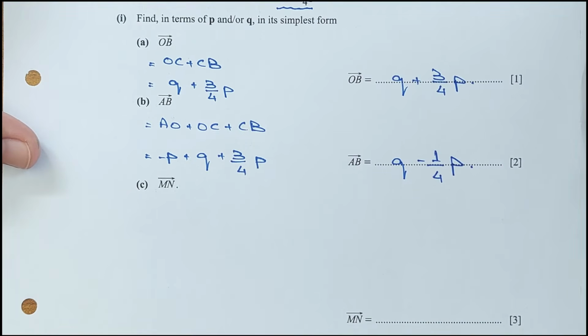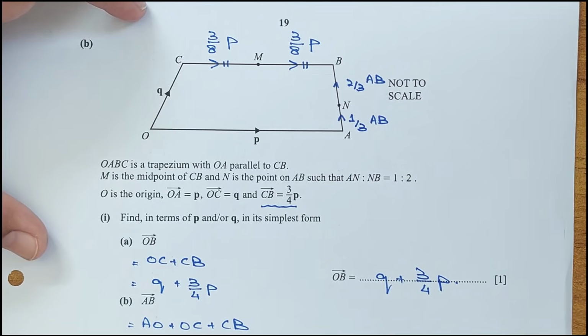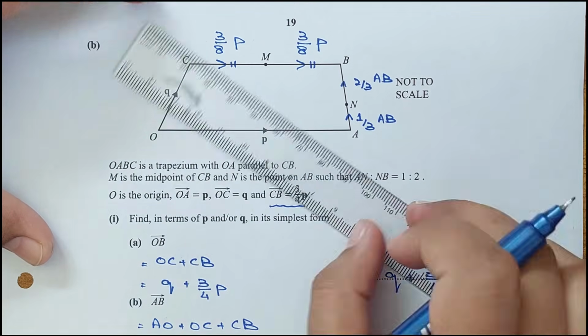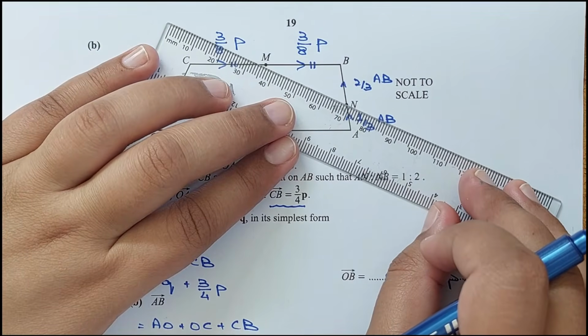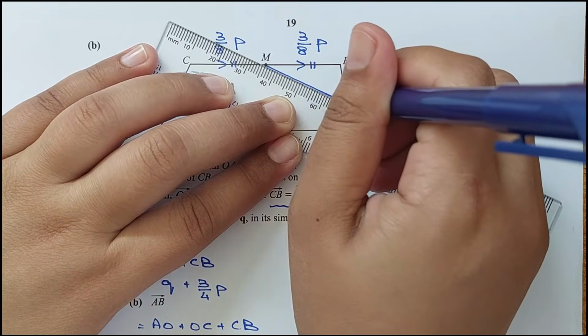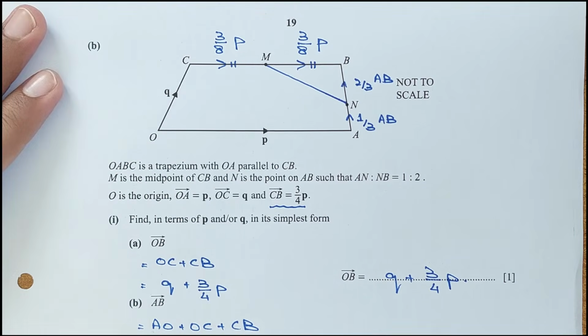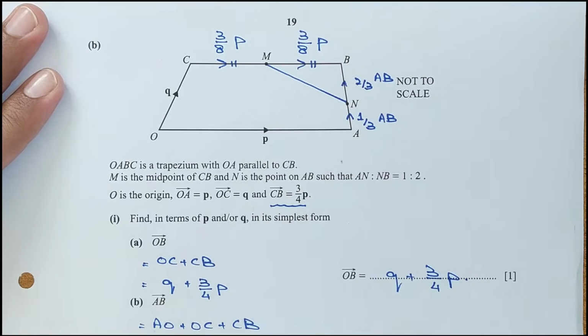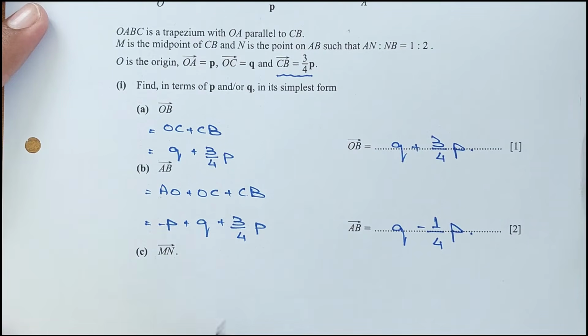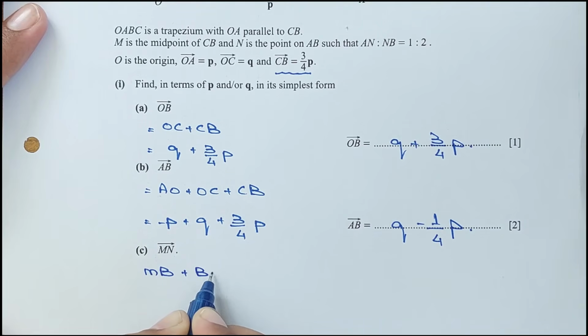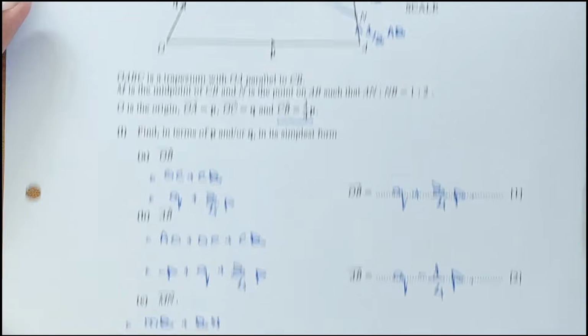Alright, number C, MN. M to N, this line we have to calculate. MN is M to B and B to N. MB is the midpoint, which is 3 by 8 of P. And what is B to N?